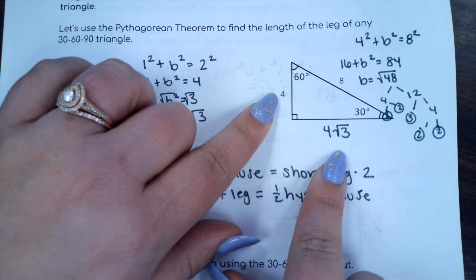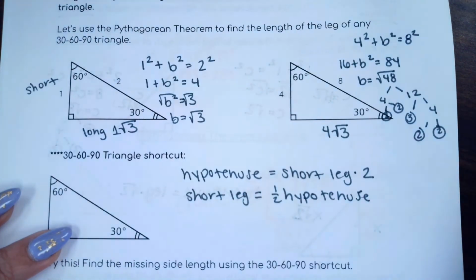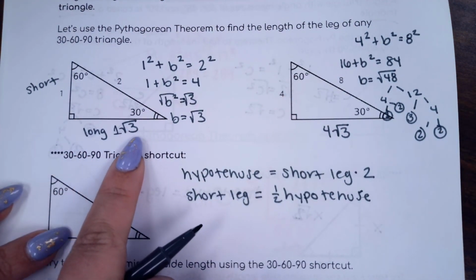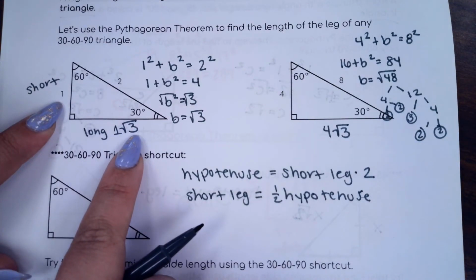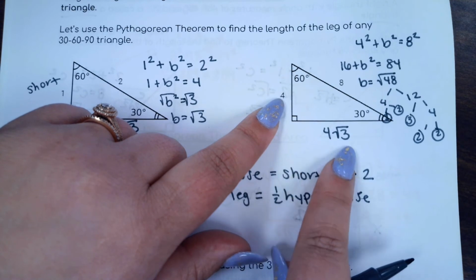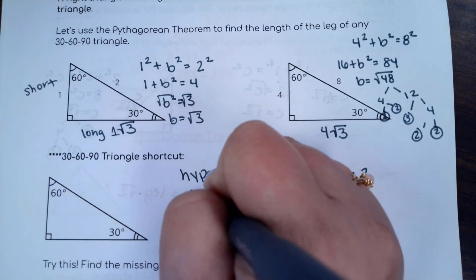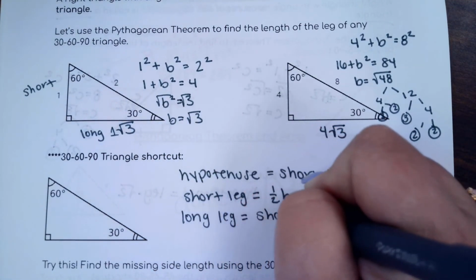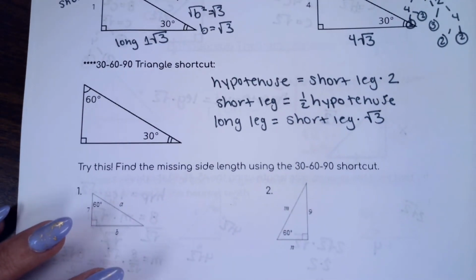Well, remember there's a 1 here. So it looks like the long leg is just the short leg times the square root of 3. So long leg is the short leg times the square root of 3.